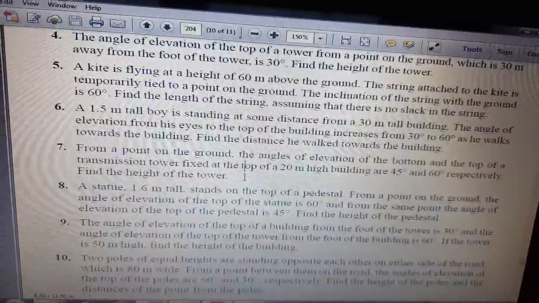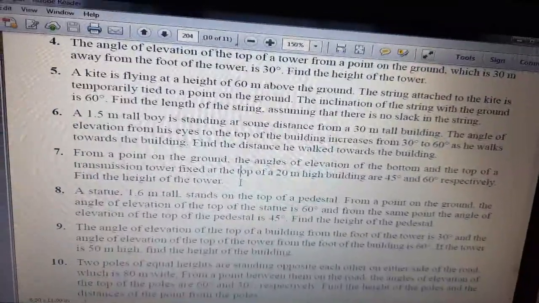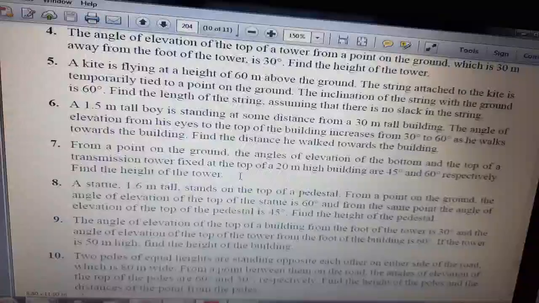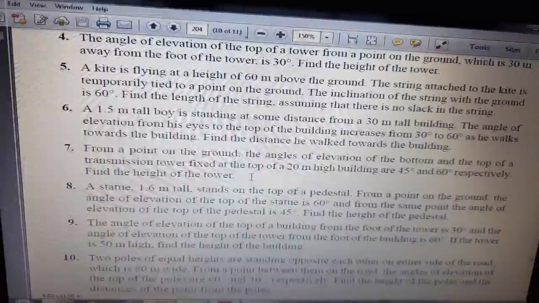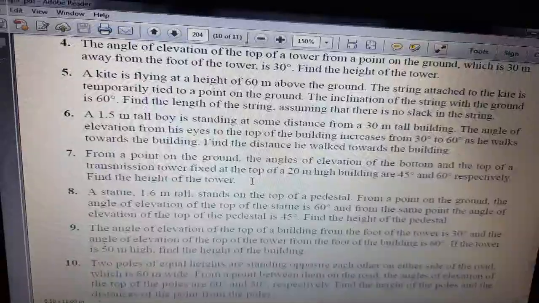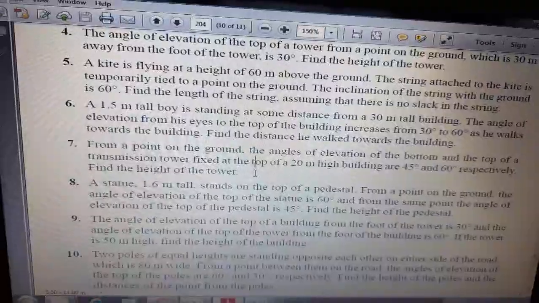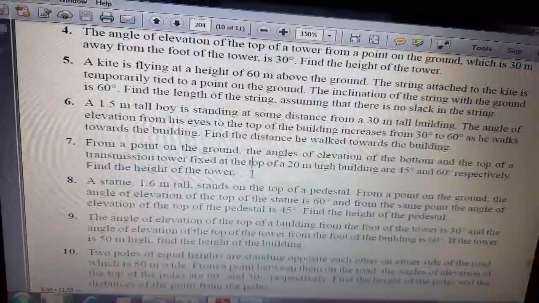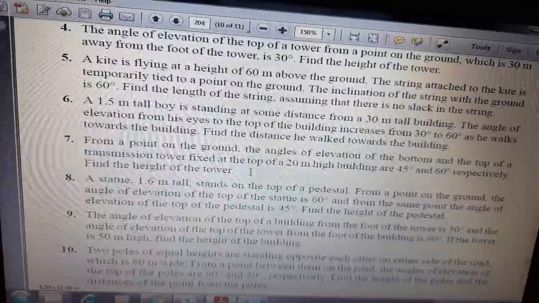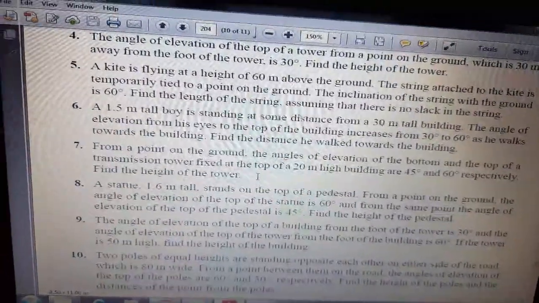Okay, there is a tower and this transmission tower is fixed on the top of a 20-meter high building. Okay, so now we have a ground. On the ground there is a building and on the building there is a transmission tower. Okay, the height of the building is 20 meter and the transmission tower has a bottom and a top.